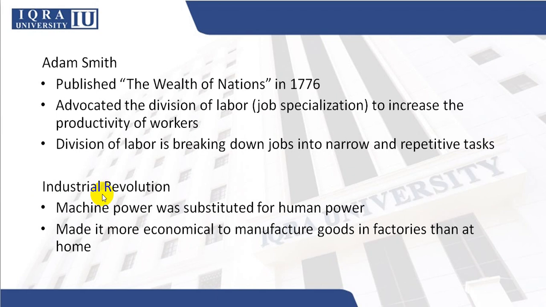Okay, so let's talk about the Industrial Revolution. Starting in the late 18th century, when machine power was substituted for human power, a point in history known as the Industrial Revolution, it became more economical to manufacture goods and services in large, efficient factories rather than at home.